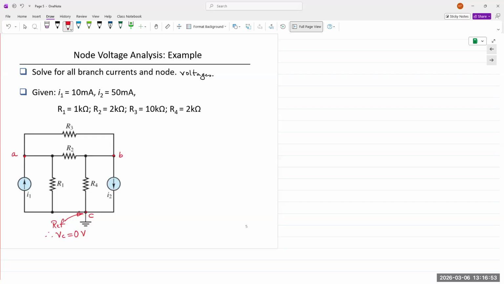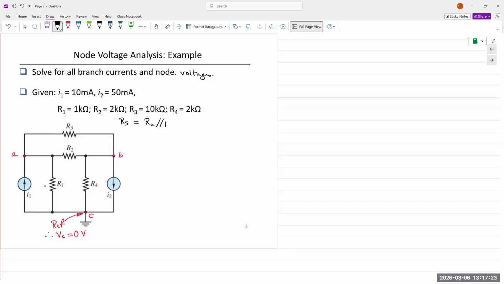Okay. Also, what we can see here is that resistors R2 and R3, sorry, not R4, are in parallel, and I can reduce them before I begin. So let's combine and state it as R5.